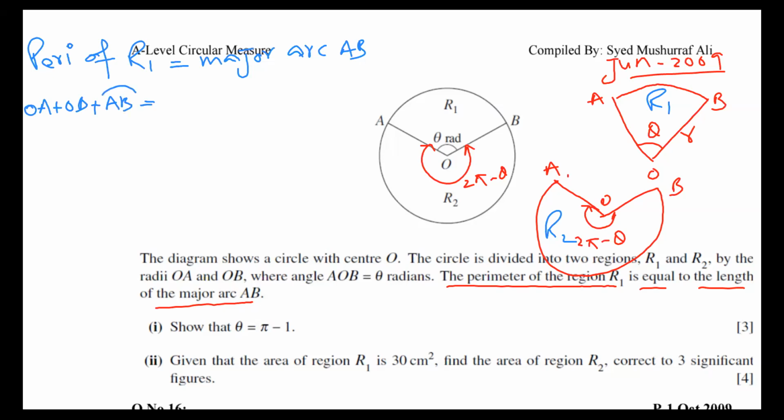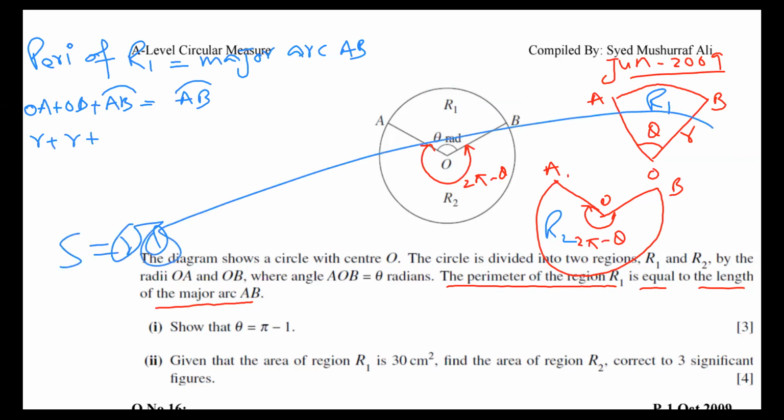And what is the major arc? It only asks about the major arc, not the perimeter. So R theta. I'm looking for AB, but the major one, the longer one. OA is a radius, plus the arc length formula. All of you know the formula is S equals R theta. R is R and theta is theta, so just write R theta.